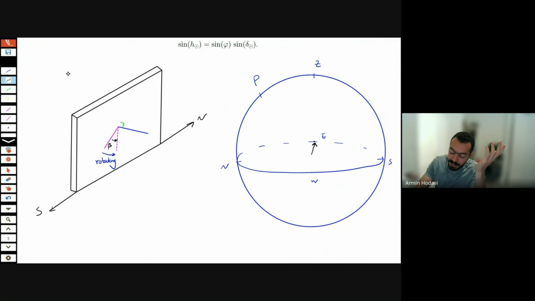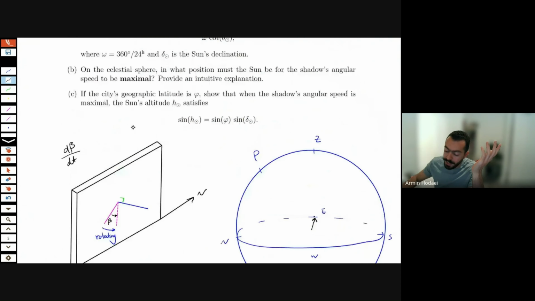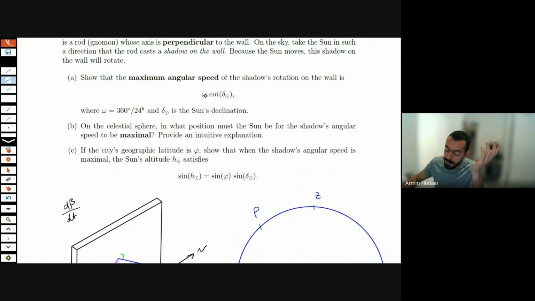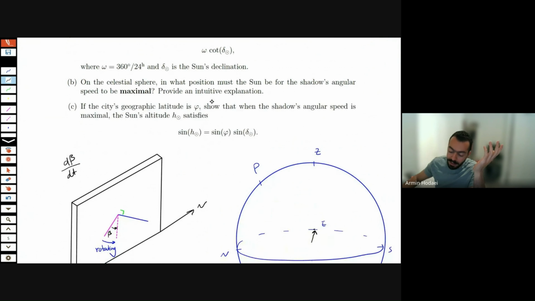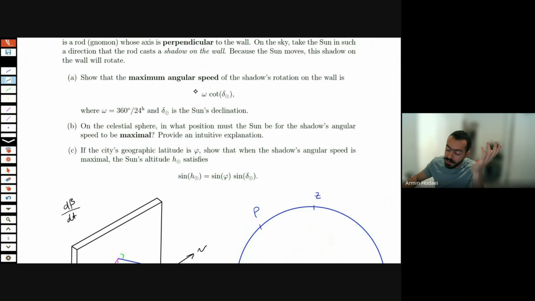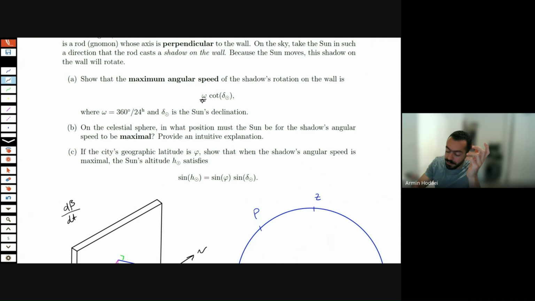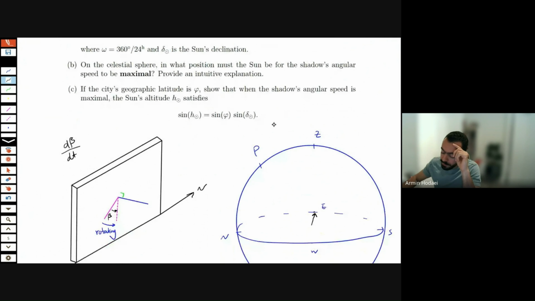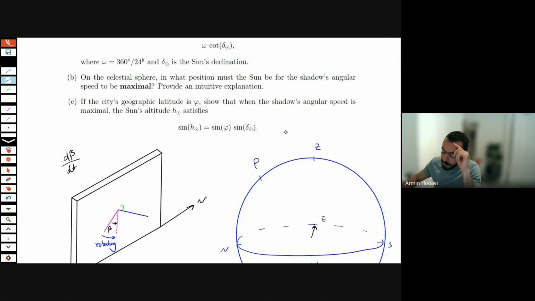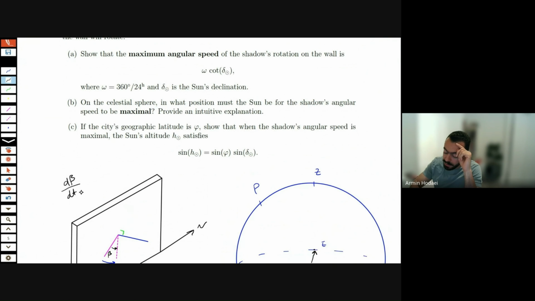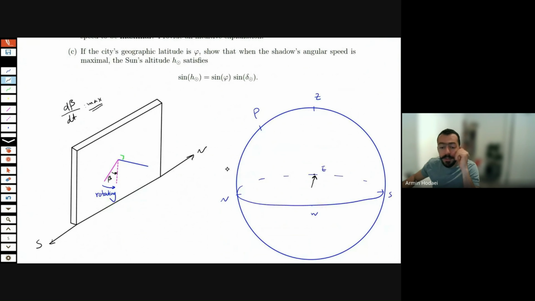What is important is d beta over dt, the rate, which gives me the angular speed of the shadow. Omega is something else. Omega is the sun's angular speed. And I want this to be max, right? That's basically what the question is.